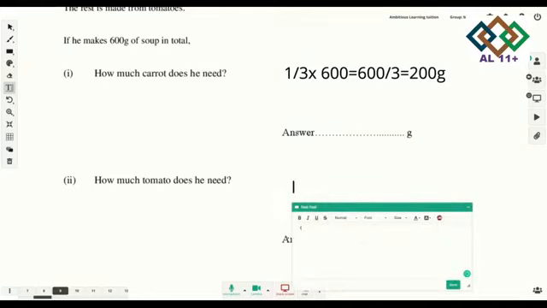For lentils, you will know how much they have used is 1/2, and you need to multiply that by 600. That gives you 300 g. But you need to find how much tomato she uses. So you need to find out everything she used first and then try to find that out.